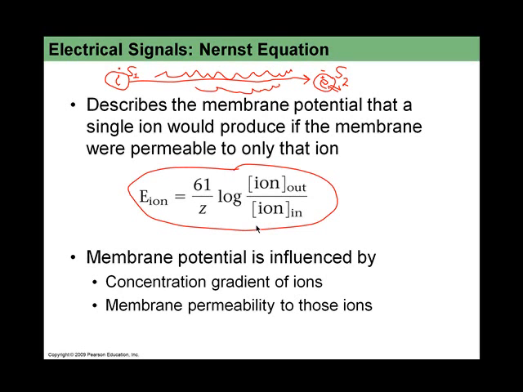So hopefully you have a feel for the practical utility of the Nernst equation, because we'll go to another one that's more commonly used, but still this is the key one to be thinking about what I just said.